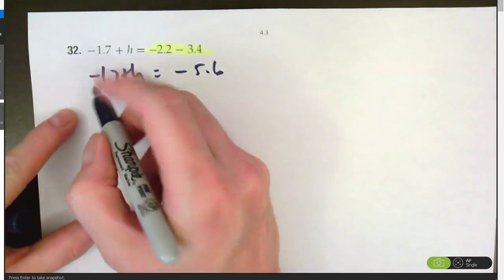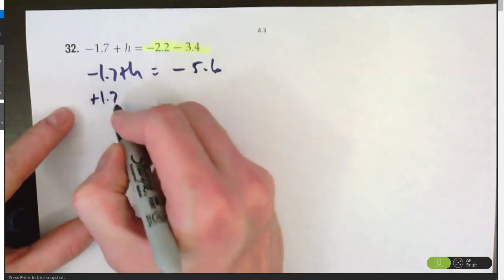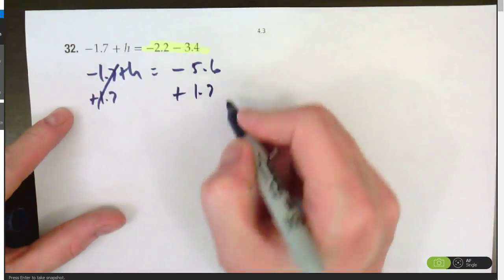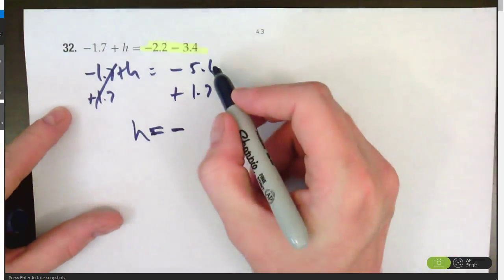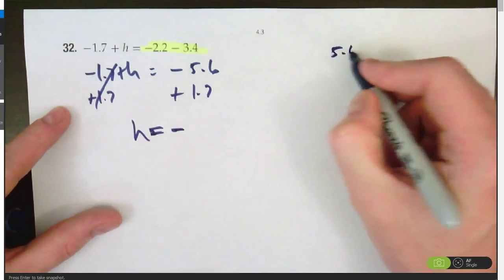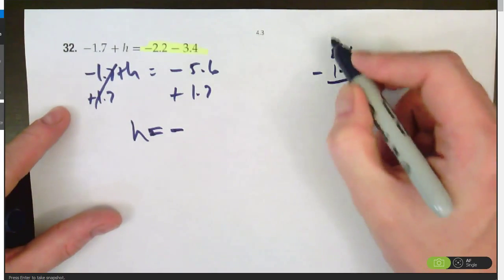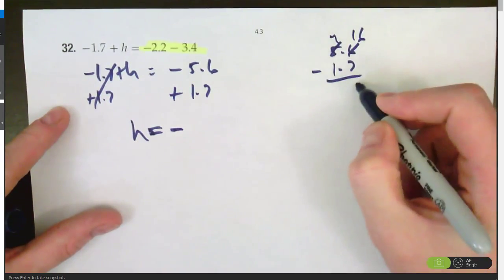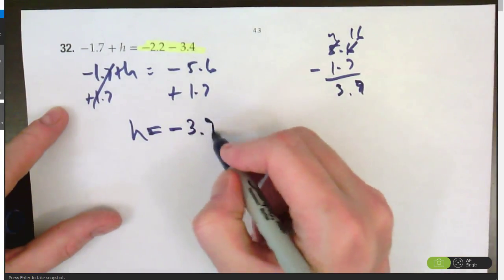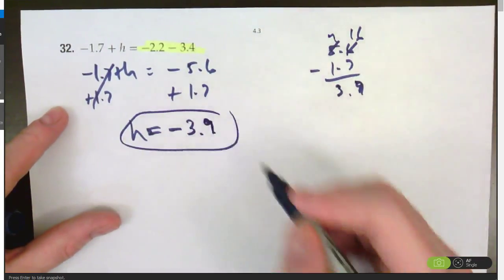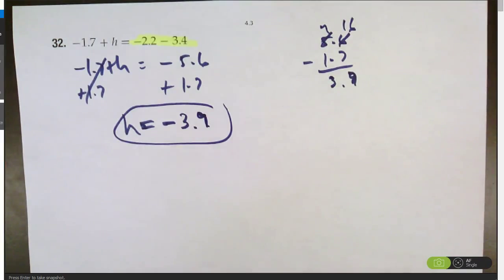And then I've got a negative 1.7, so I've got to get rid of that by doing its opposite, which is adding 1.7. Now I know this is going to be negative because the negative has a larger absolute value. So I need to do 5.6 minus 1.7 now. Borrow, that gives me 3.9. Yeah, so negative 3.9.